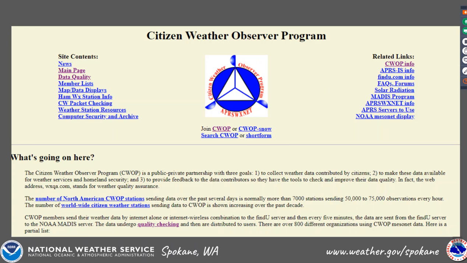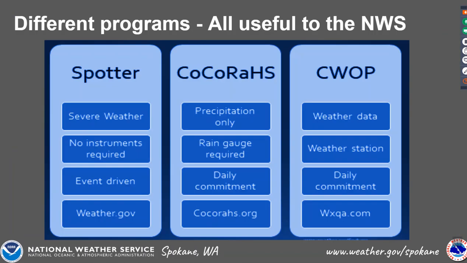It is a little bit clunky, but this is how you would set up your observing station to get put into the CWOP program. So these are just the different ways. CWOP is a daily commitment, but really you just have to make sure that your weather station is operating. It's incredibly simple. CoCoRaHS is a daily commitment. And a spotter is basically event driven. So when things occur, then you would call or let us know what's going on.